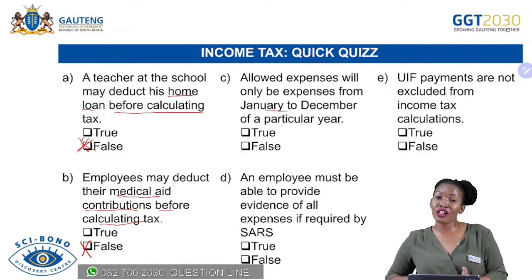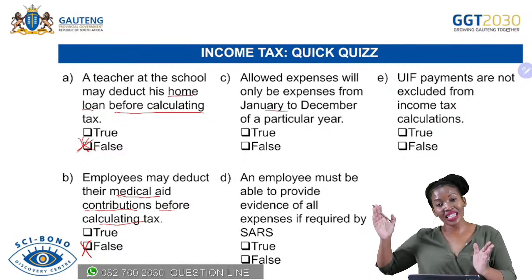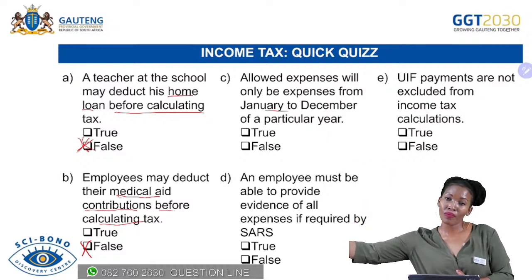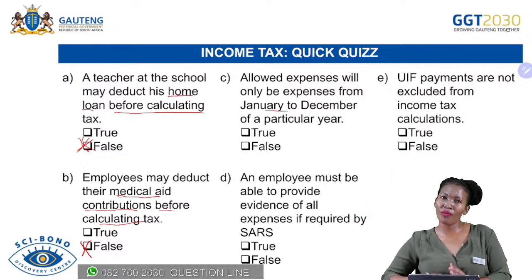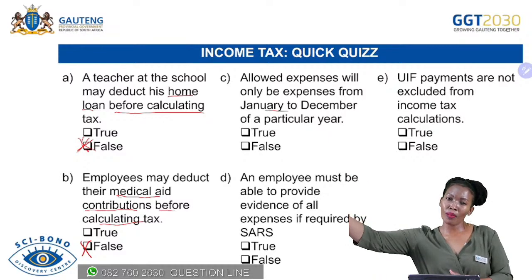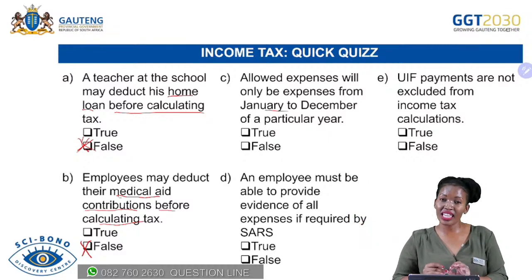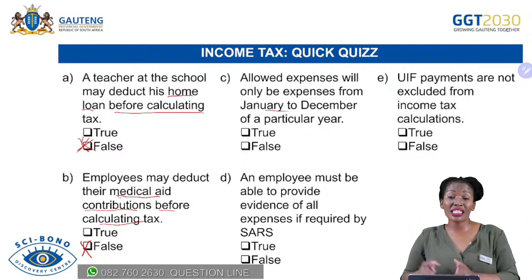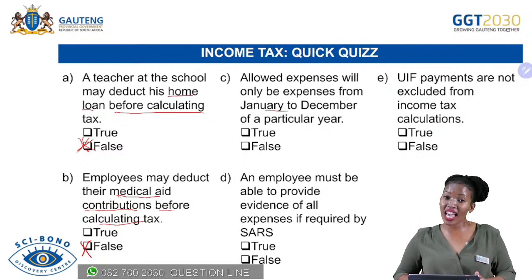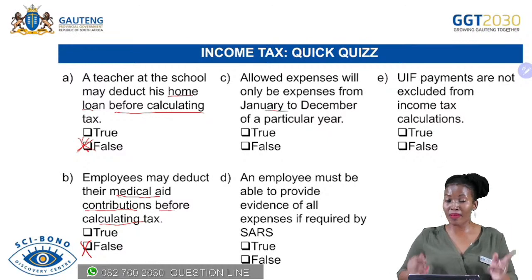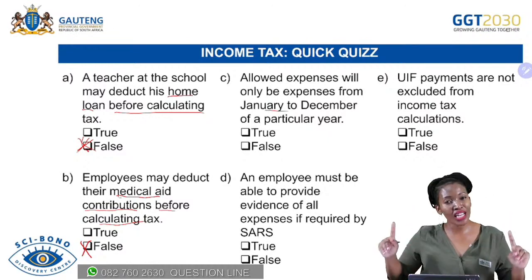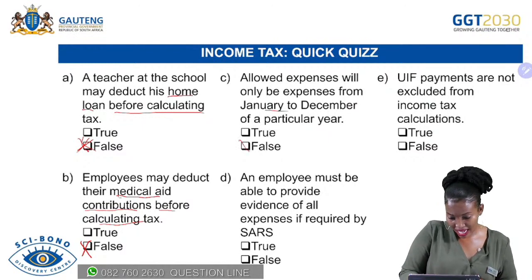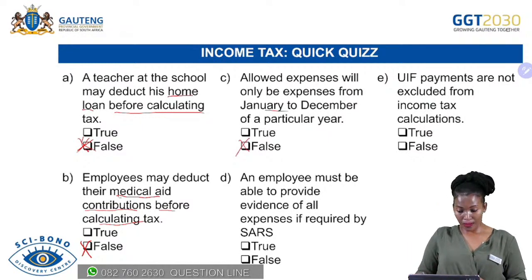That is how we calculate our financial tax year, from February this year until end of March next year, or from 1st of March this year until end of February next year. But you will see here in our tax table that the tax year is not the same as our normal year. The tax year is not from January to December. Yes, it's 12 months, but definitely not from January to December. So here again, our statement is false.